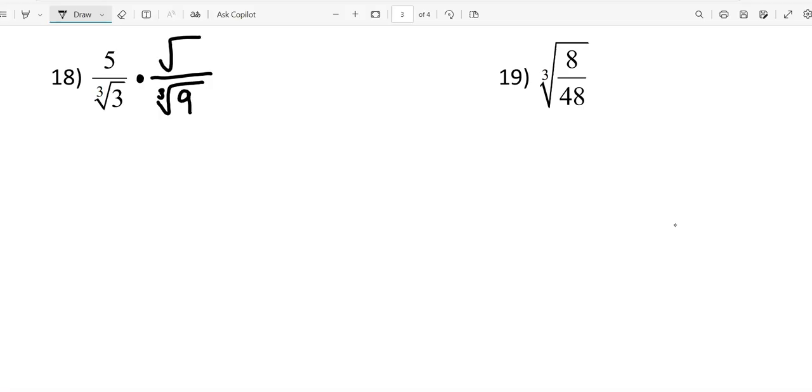So then I'm going to multiply by the cube root of 9 over the cube root of 9 to multiply by a well-chosen 1. In the numerator, the 5 is your coefficient. The cube root of 9 goes behind it. And then on the bottom, cube root of 3 times the cube root of 9 is the cube root of 27. And the reason we did that is because the cube root of 27 is 3.